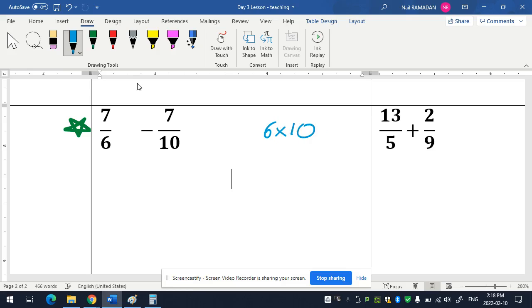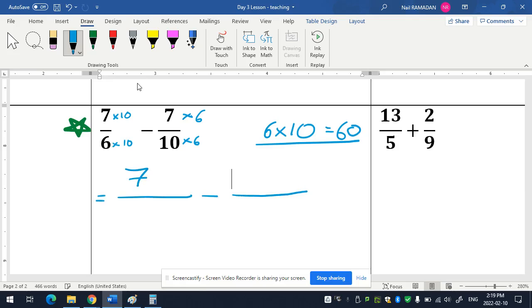How much is 6 times 10? 60. All right. So 6 times 10, 7 times 10, 10 times 6, right? Yes, 7 times 6. Okay, couple of new fractions.